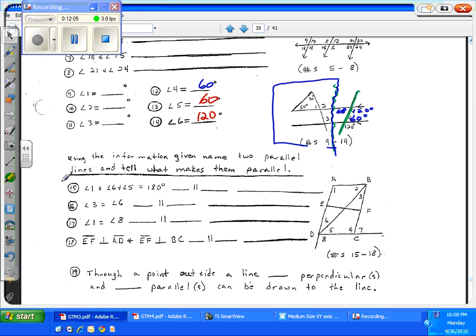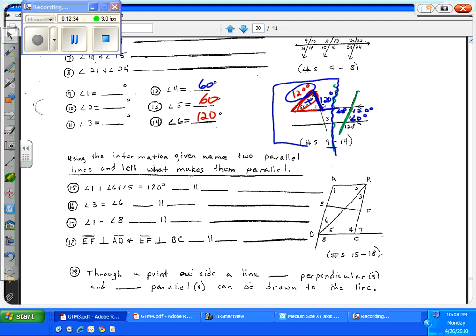Over here we have a triangle. We know that the sum of the angles of a triangle is 180. So we could add the 50 and 70 and get 120. We know that an exterior angle, like angle 2, is equal to the sum of its two remote interior angles.